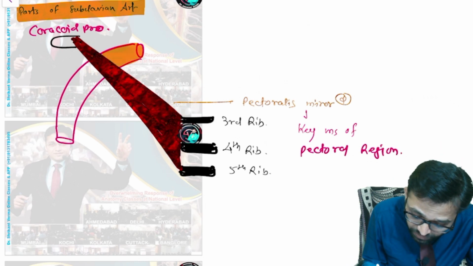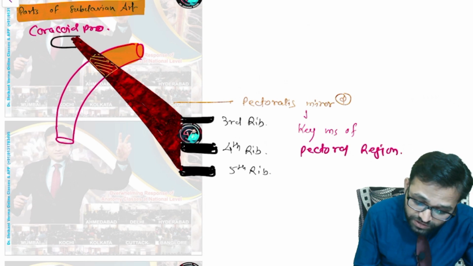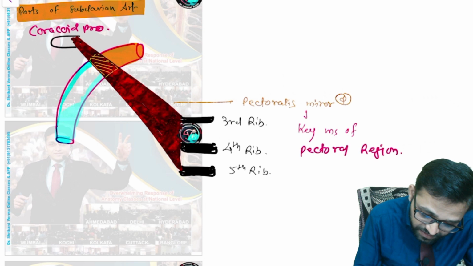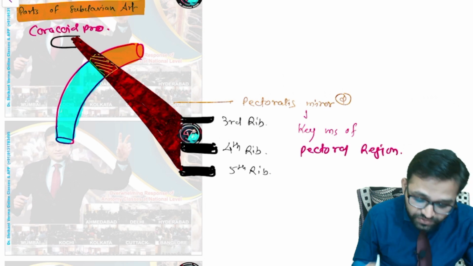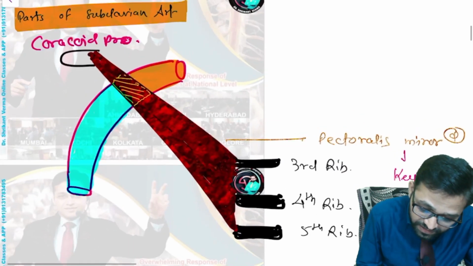Behind this pectoralis minor, there will be our second part, and below this pectoralis minor, this is our third part of the axillary artery. Fine sir, very easy. So there are three parts of the axillary artery.